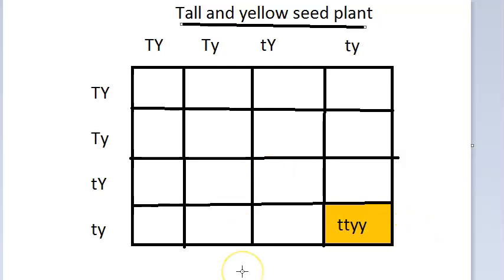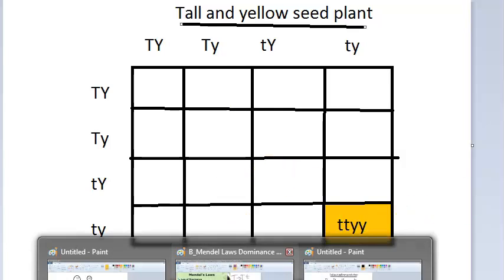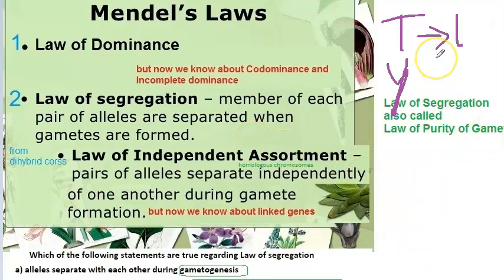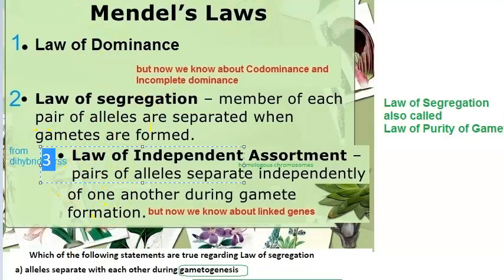Hope you have understood Mendelian laws. The whole point of this video is to understand Mendelian laws. What are the 3 laws? Law of dominance: in a heterozygous condition, the dominant will express the phenotype and the recessive will be masked.